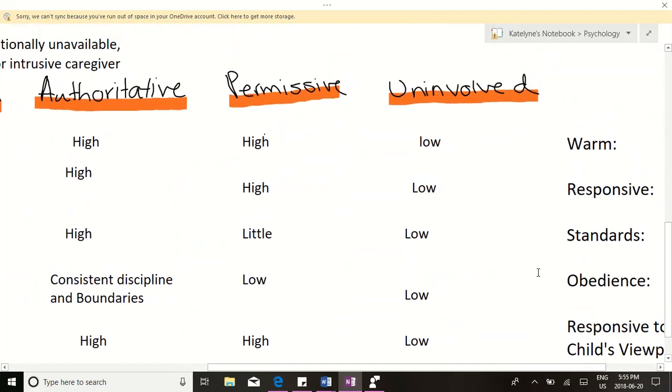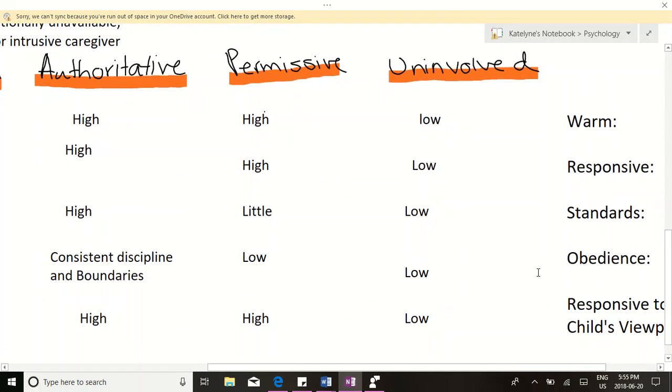The third type of parenting style is permissive. They have high warmth in the relationship. They are also highly responsive when it comes to the child's needs. However, they do not have standards, so they do not give the child any rules or any boundaries.